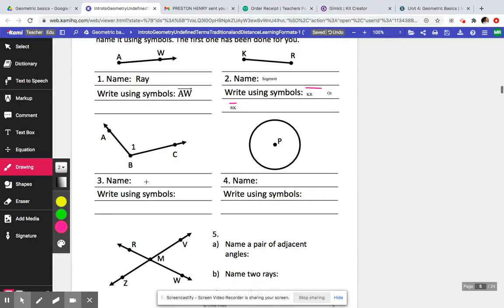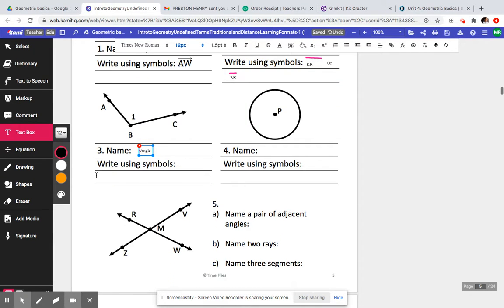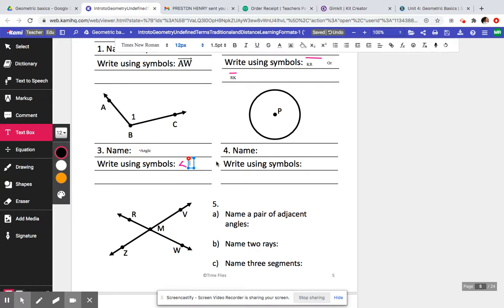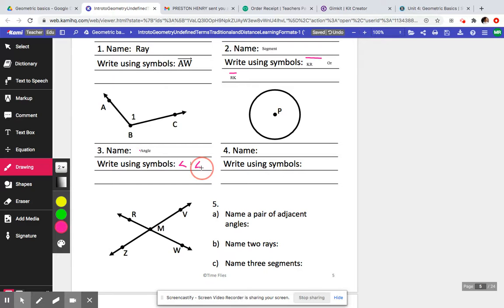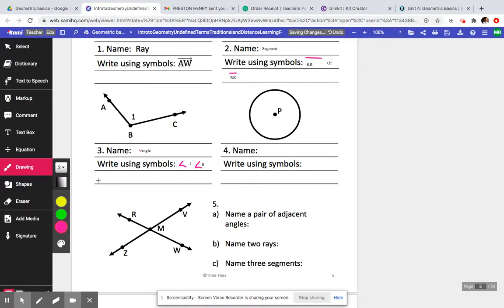Down here, again, try it on your own first, but we have an angle. There are a couple of different ways in which we can do this one. Our first way is to use the angle symbol and put a 1, because you see here our 1 is representing this angle. You could also do the angle symbol and the letter B, because we're also looking at angle B. There are 2 more ways.